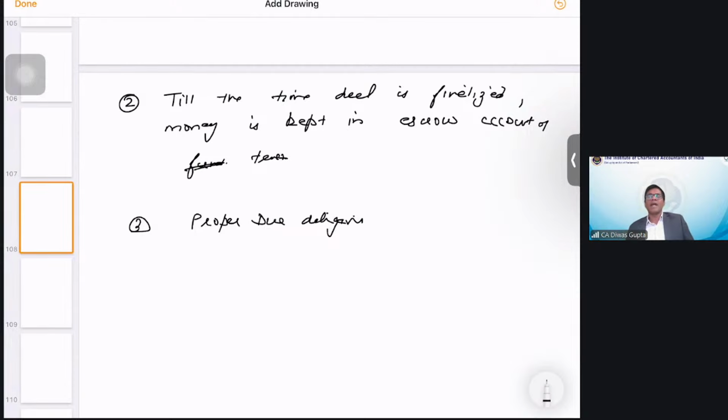And once everything is complete, the money will get released and it will get invested into the target company.